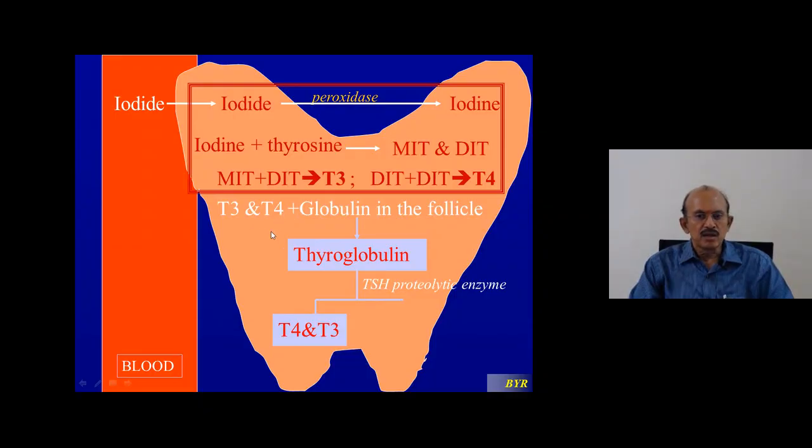When thyroid hormone is required by the body, then TSH activates a proteolytic enzyme. This proteolytic enzyme breaks the globulin and releases the T4 and T3 and releases the MIT and DIT.